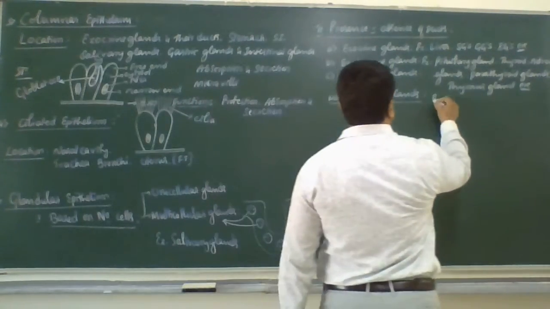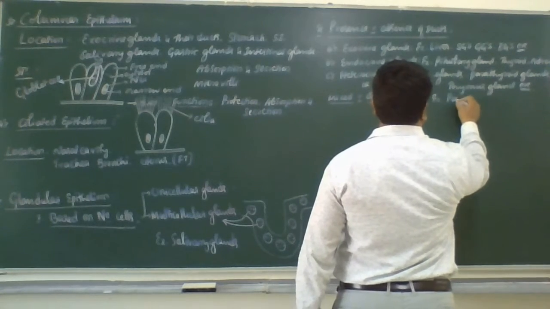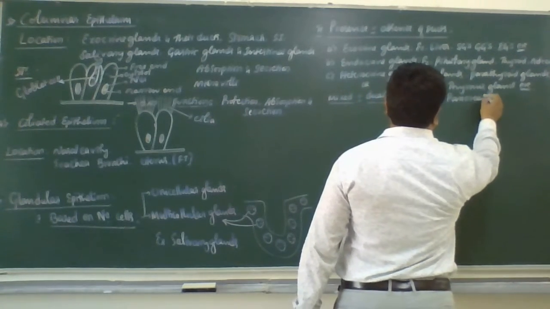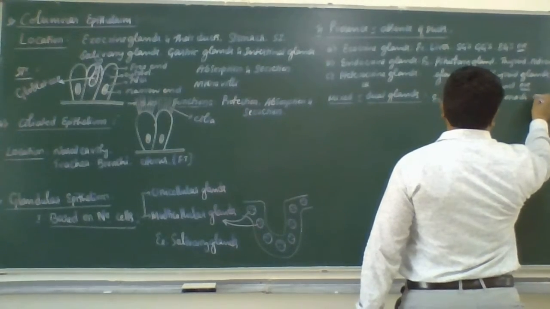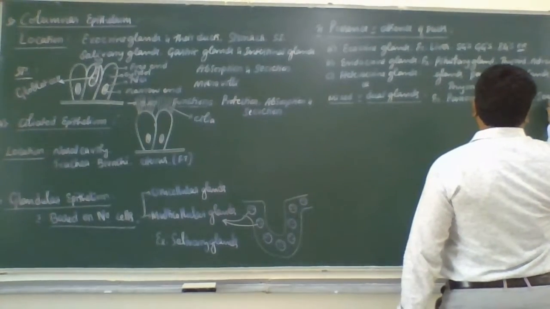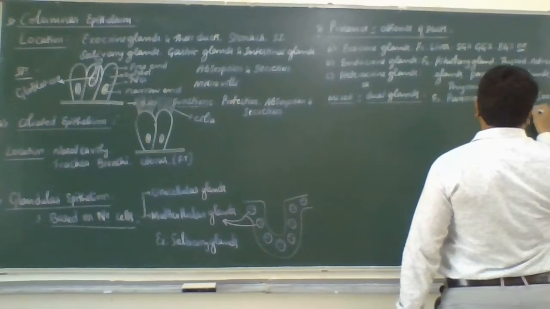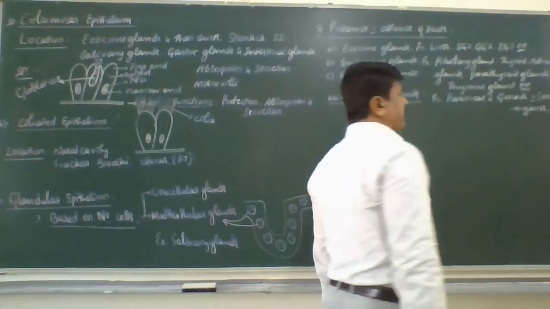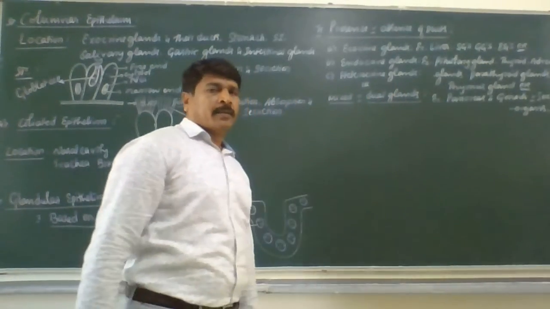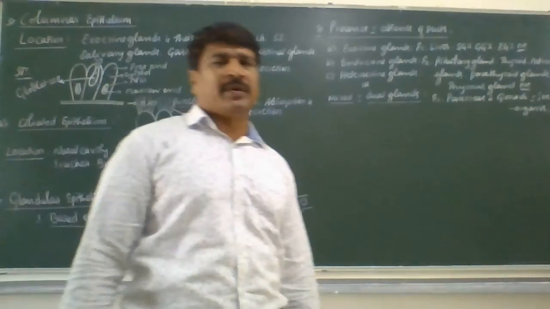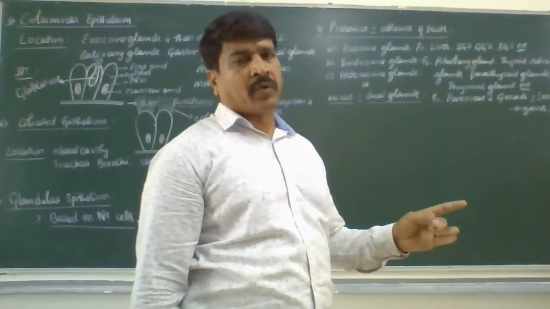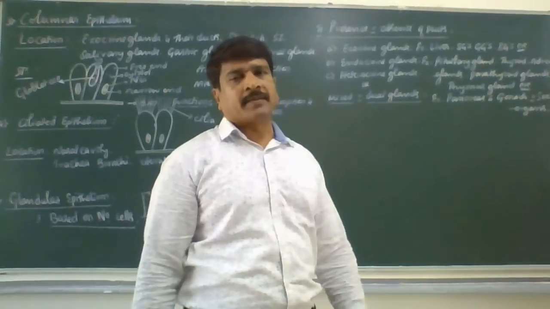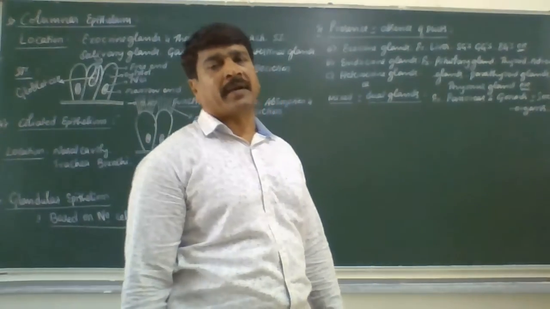I can give the example here: pancreas and gonads, nothing but sex organs. So these are the examples of the heterocrine glands. Male gonad is called testis, female gonad is the ovary. So pancreas, testis and ovaries are the heterocrine glands because they have both an exocrine part and an endocrine part.